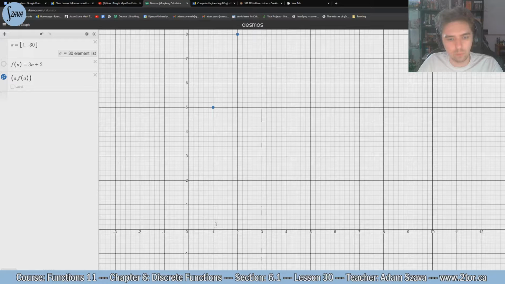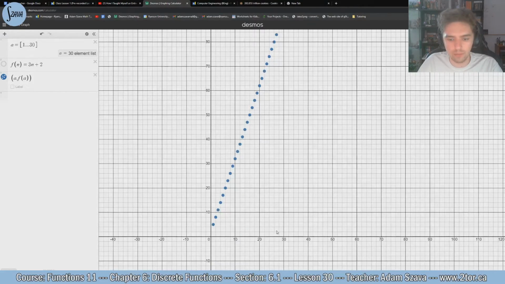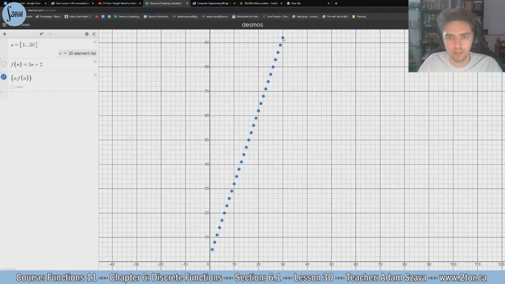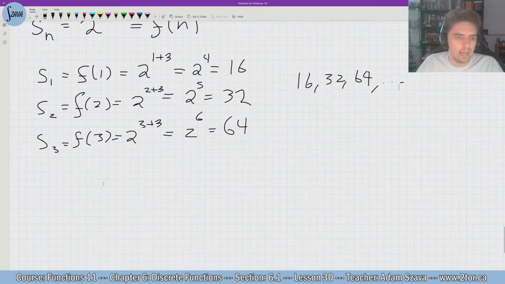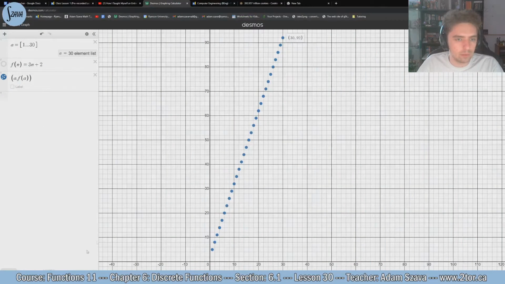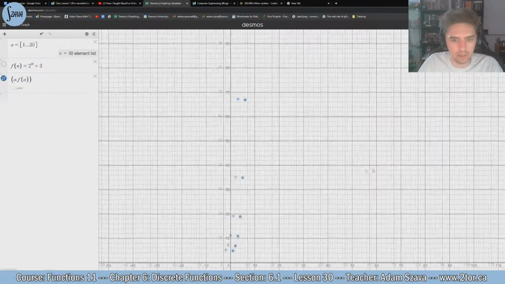So we have 1 here, first value is 5. 2, 8. And we can keep going up from there. The 30th term, right here, is 92. That's the first sequence we dealt with. And now this one was 2 to the n plus 3, and it looks about like this.